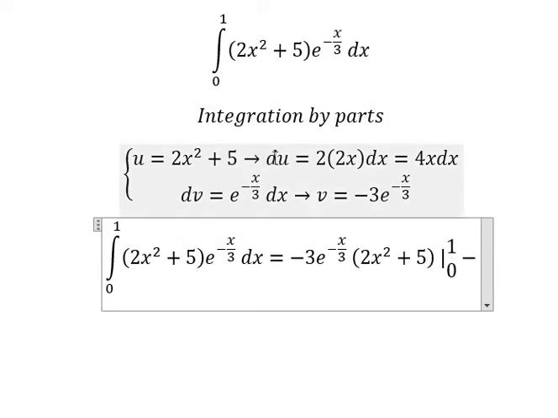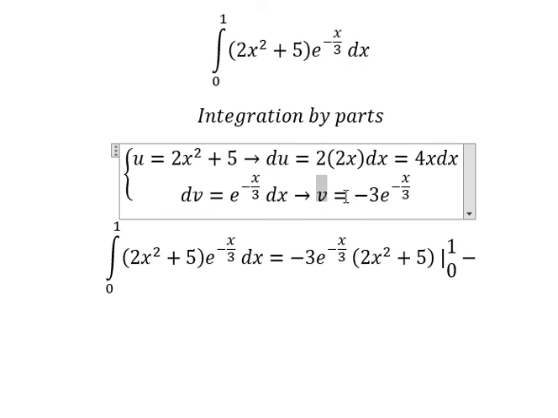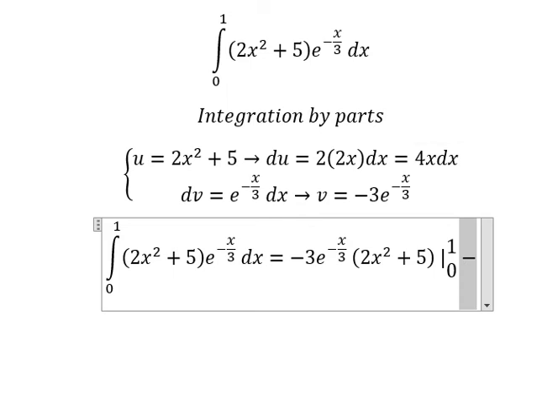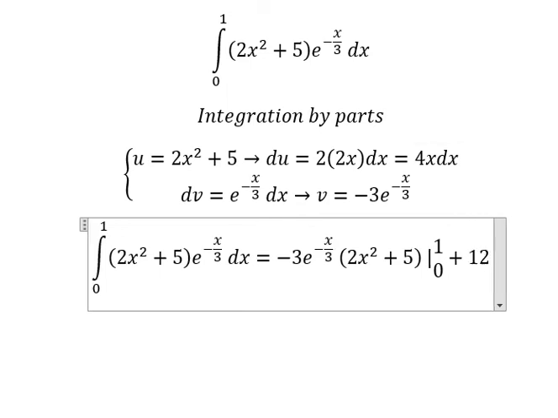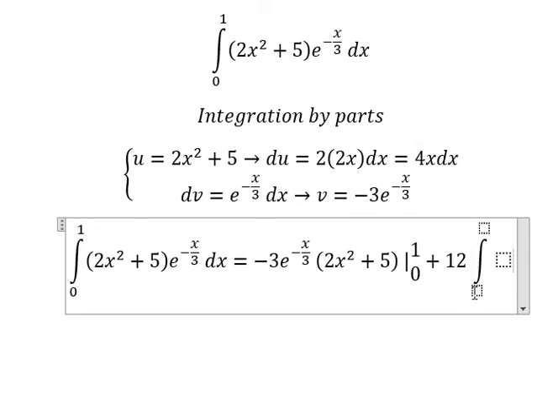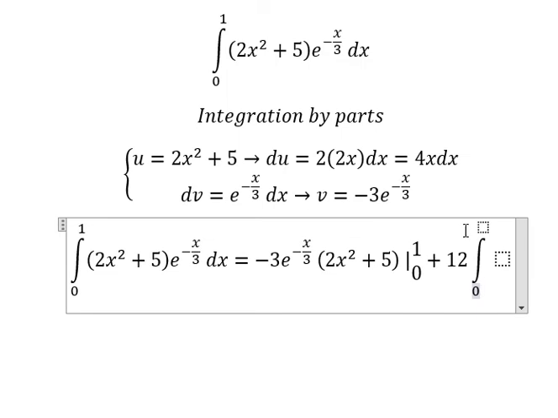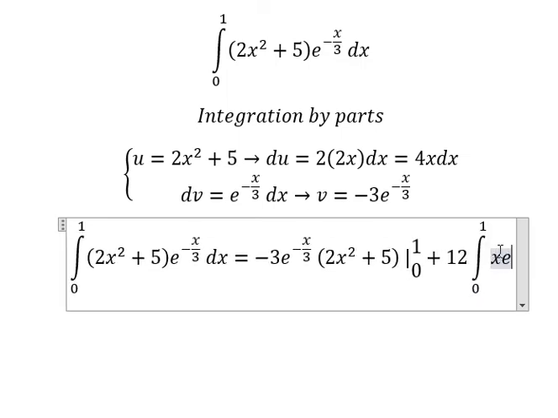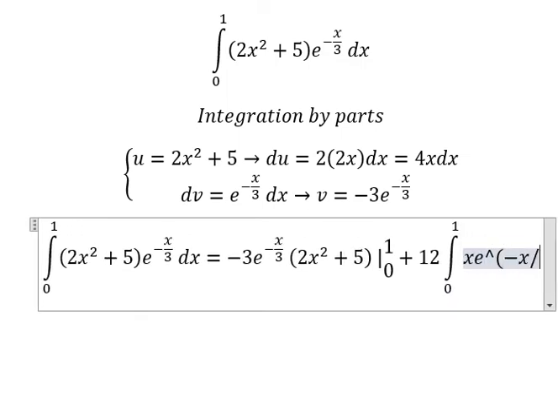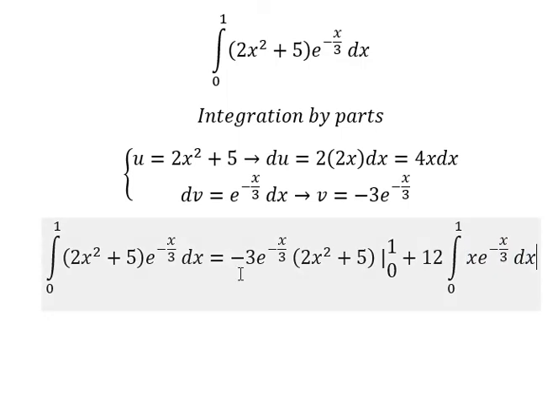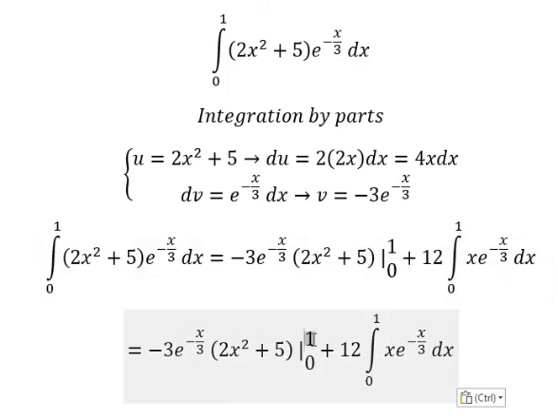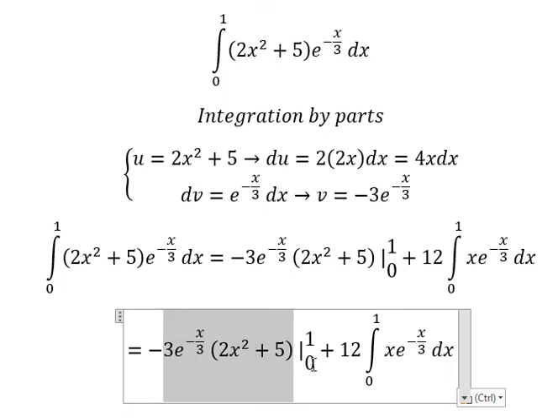Minus, we have u multiplied by v, so 4 with negative 3, so we have negative 12, negative and negative, we have positive 12, and we have the integration from 0 to 1, s e to the power of negative s over 3 ds. So I will put 1 going here, 0 going here.